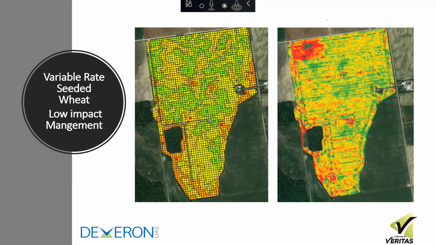If you're curious as to what's going on up here in the top corner, this particular field, you can see a couple little laneways throughout here. They've been building wind turbines in this part of the world, and this was actually a staging area for the wind turbine construction. So we have a nice bit of compaction going on there.